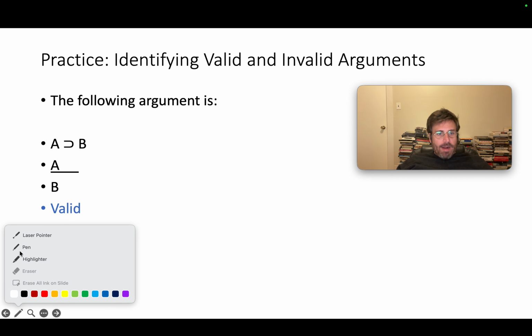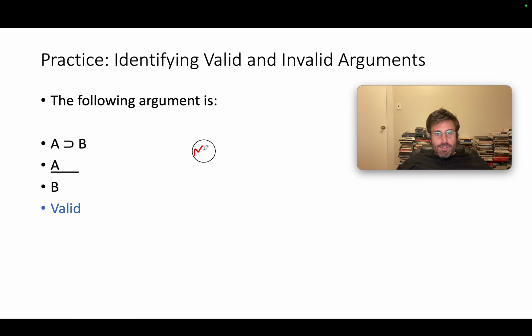This is valid, right? This is equivalent to modus ponens, where we have the affirmation of the antecedent. If P then Q, P, therefore Q. This is equivalent and a valid natural deduction.